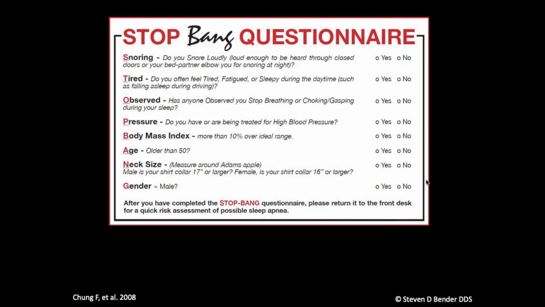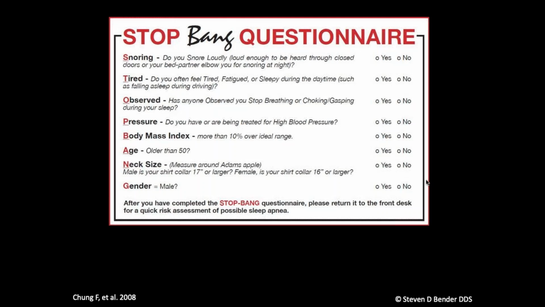Are you over the age of 50? What is your neck size? For men, if it's greater than 17 inches, in a female, greater than 16 inches is indicative of the potential for sleep disorder breathing. And it says on this form, ask the men their shirt size. We've all seen the guys that come in, you say, what is your shirt size? And I say, well, I'm a 16.5.